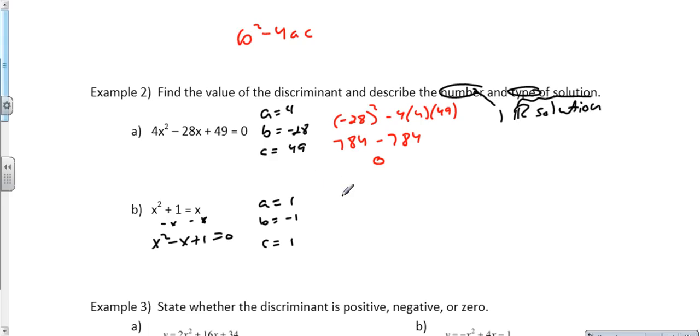So b squared minus 4 times a times c: negative 1 squared is 1, minus 4 times 1 is negative 4. We get a negative 3. What does that tell us? Well, when the discriminant is less than 0, or negative, we have no real solutions, but we're going to describe it as two non-real solutions, or actually the word we're going to use is imaginary.